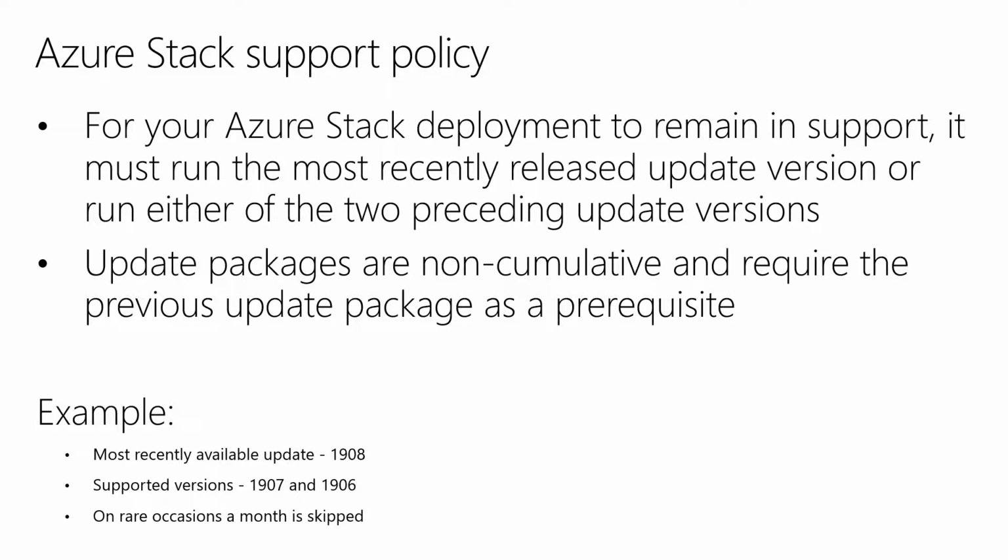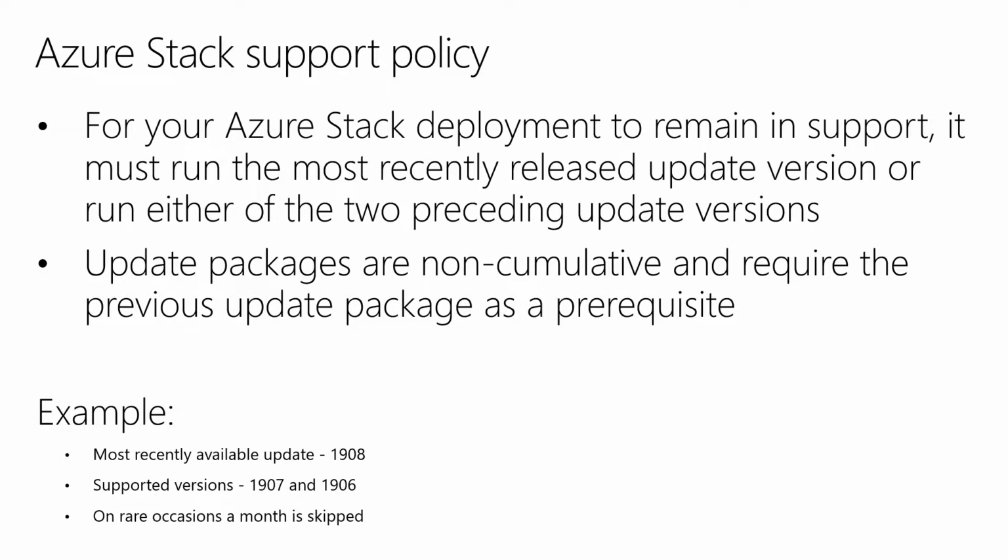Let's assume that 1908 is the latest release. Then you have to stay on 1908 minus 2, which means that in this example 1906 is the last supported version. Everything that's older, for example May 2019, which would be 1905, is already out of support.